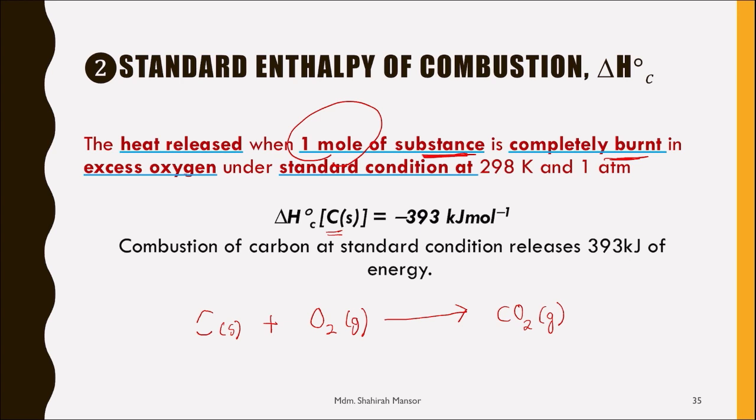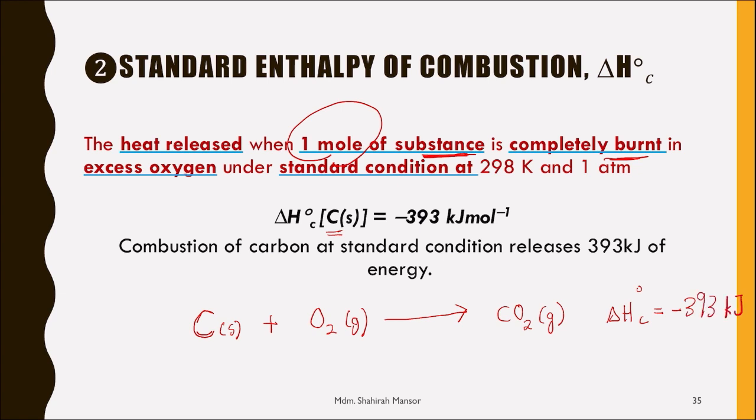So in order to have a full thermochemical equation, we need to have a balanced chemical equation together with the enthalpy value. Right? So since this reaction, okay, is done for 1 mole of carbon burned in oxygen, so hence the delta H not combustion will be negative 393 kilojoule.